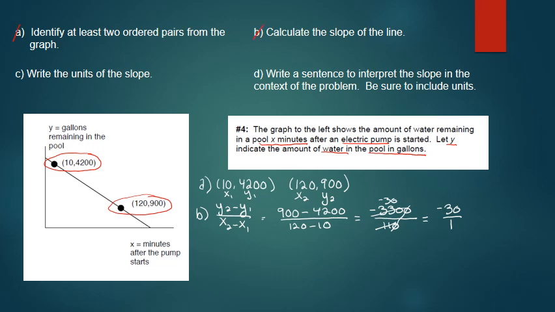Now I need to go to part C, which is writing the units. Well, I've already pulled out important information from the words that I have up here. And I also have units included on the graph, so we didn't even have to label that, which is kind of nice. But notice that our y-axis, which is the unit that always goes on the top for the slope, is gallons.